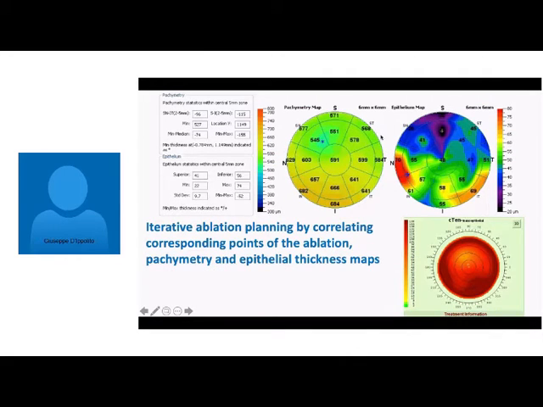By looking at our ablation plan, looking at our pachymetry, and looking at our epithelial map, in most cases, though in this case the epithelial map was not so important because the scar was much deeper than the epithelium, so we wanted to remove all the epithelium anyway. So we look at the minimum pachymetry place. It was here, at 527.